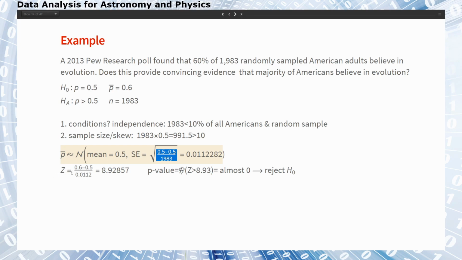This gives us a test statistic of 8.93 standard errors away from the population mean, and the p-value for that is 0. Based on that, we reject the null hypothesis and state the data provides convincing evidence that the majority of Americans believe in evolution.